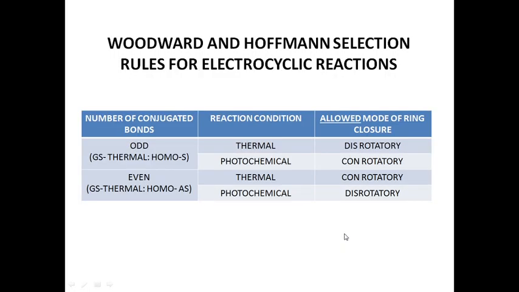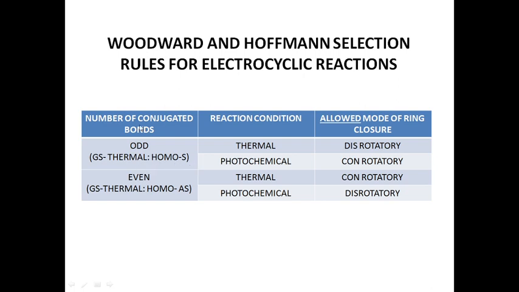Now you're supposed to write the Woodward and Hoffmann selection rules for all kinds of electrocyclic reactions. All. So see here, when the number of conjugated bonds is odd, the ground state or thermal state HOMO will be symmetric.